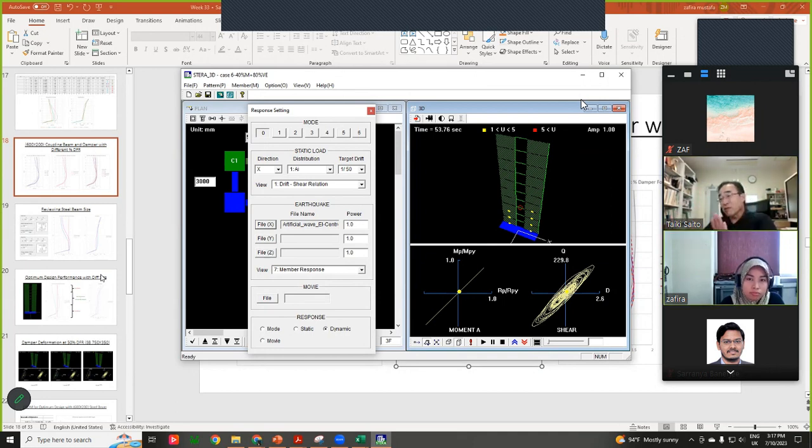You fix the wall, starting from steel beam only. First, you try to increase the size of the steel beam so that the story drift satisfies the target value.